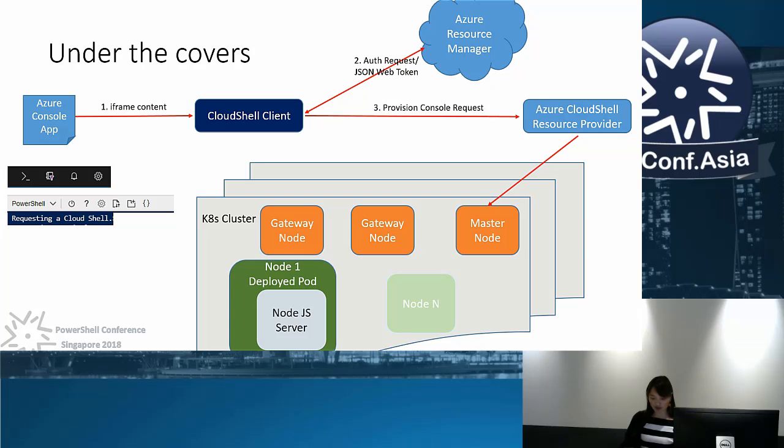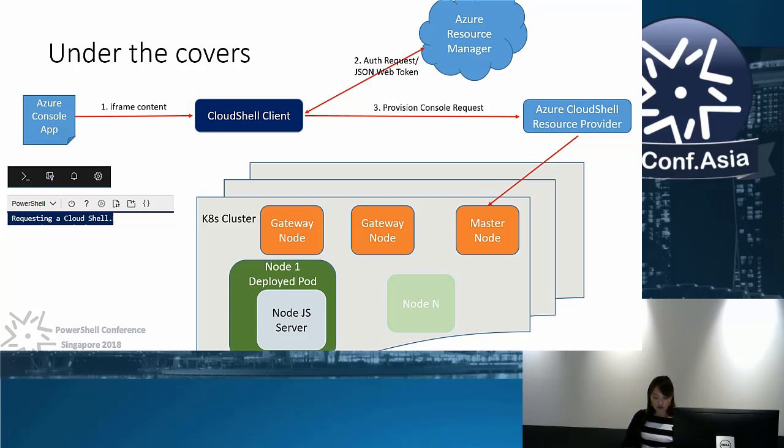So it also maintains the desired state, because the resource provider says, hey, give me a new console. Then master gets that, it will ask whoever in the nodes is available, saying, hey, we got a new task. Any of you can do that? If one of the nodes is available, this guy will sign up.